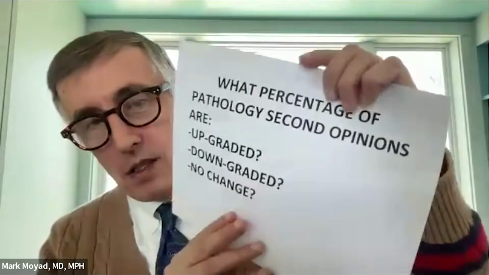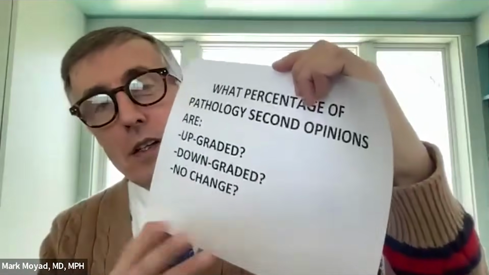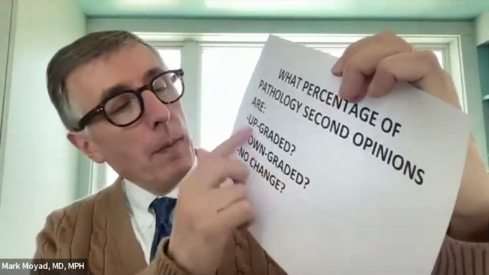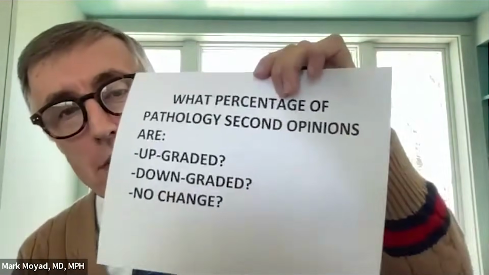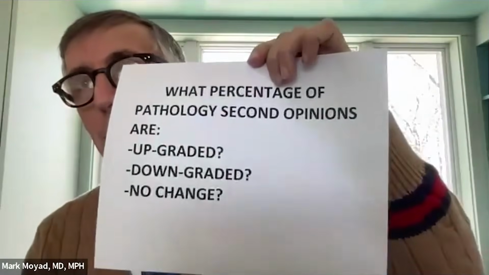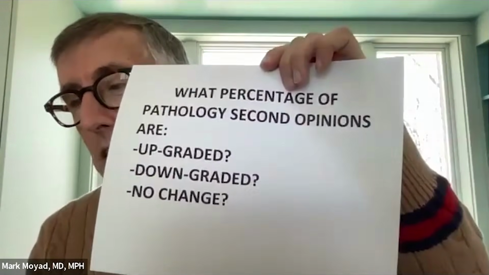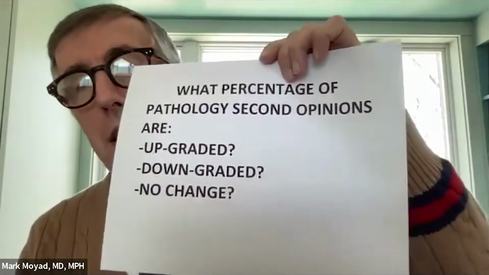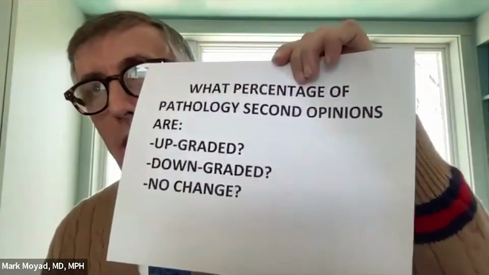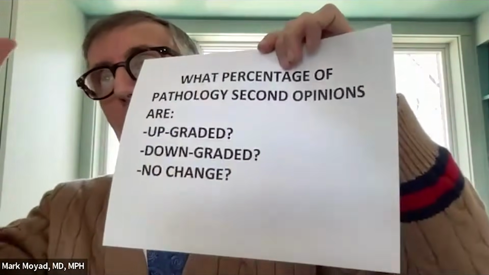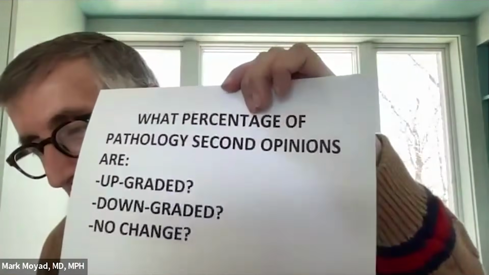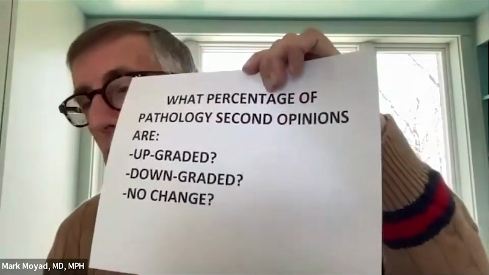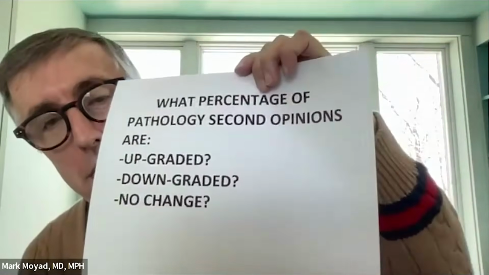In your opinion, what percentage of pathology second opinions, let's just say with you, are upgraded, downgraded, and no change? So when you get a biopsy or some kind of tissue, what percentage of those second opinions do you upgrade, do you downgrade, Gleason is less, or do you not even change at all? Do you ever think about that?